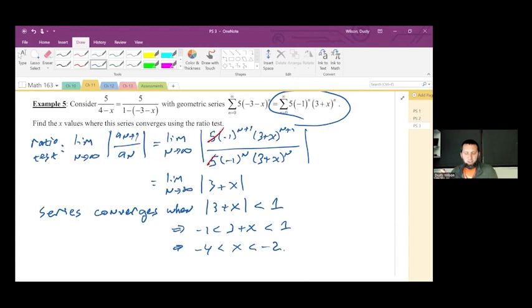In this particular case, it's a geometric series, and I think it should be a little bit clear. So if we test x equals negative 2, by putting it into this expression, you'll get a 3 plus negative 2.